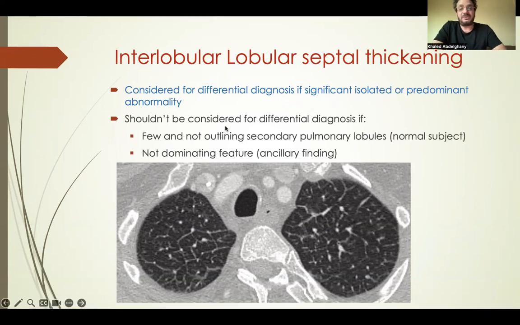They are not considered in the differential diagnosis if they are few and not fully outlining the secondary pulmonary lobule, which happens in normal subjects, where you can see a few interlobular septal thickenings, but not fully outlining the secondary pulmonary lobule, and they are very few in amount. And they are not the dominating feature. As you see here, they are very significant in amount. They are bounding the pulmonary lobules, forming the hexagonal appearance.